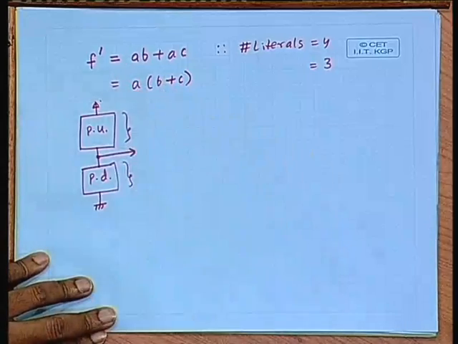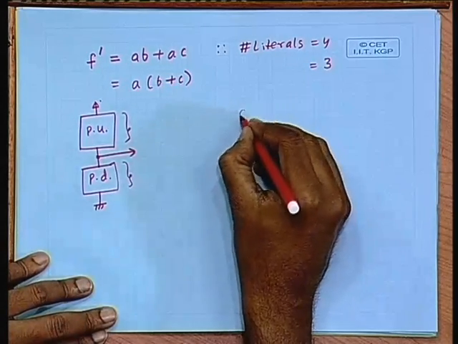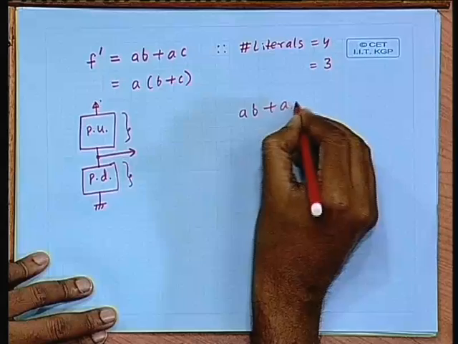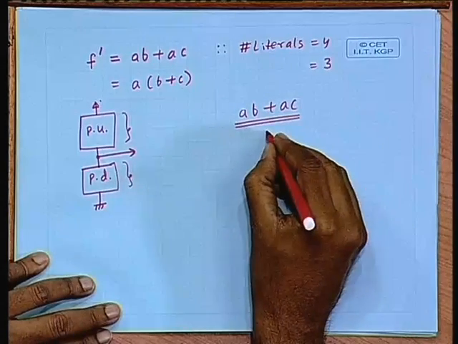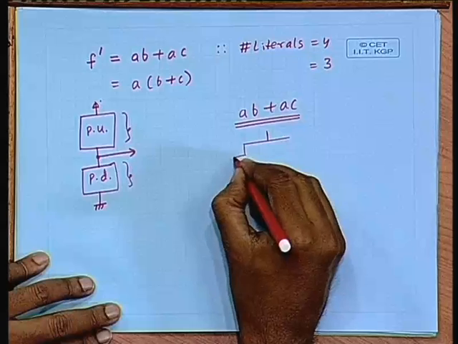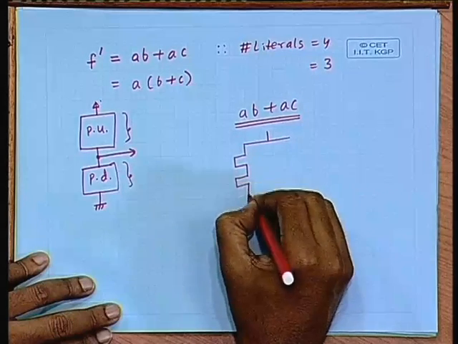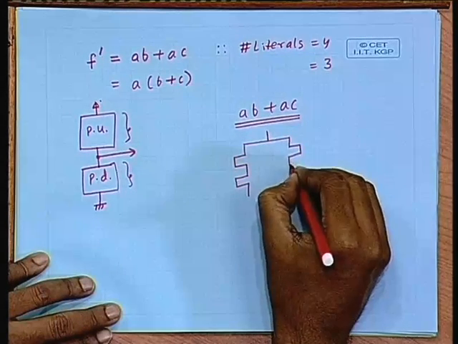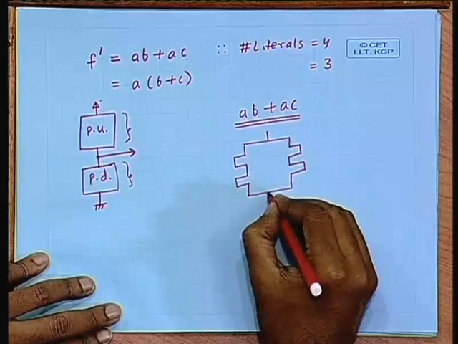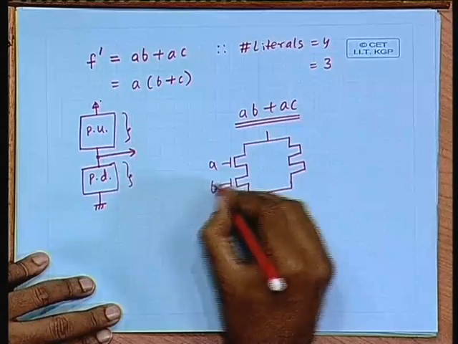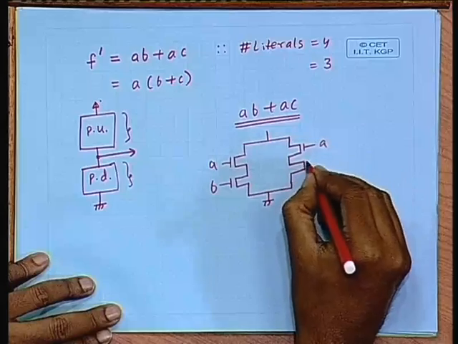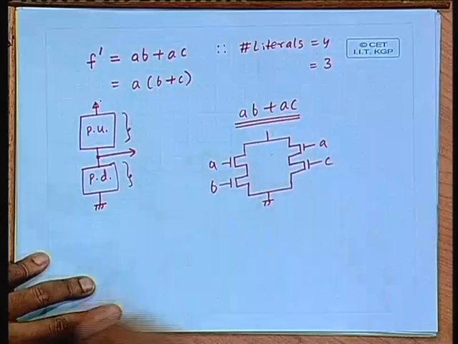So, for this function, for example, if I had AB or AC, then the pull down network would look like this. A, B, A, C, 4 transistors.